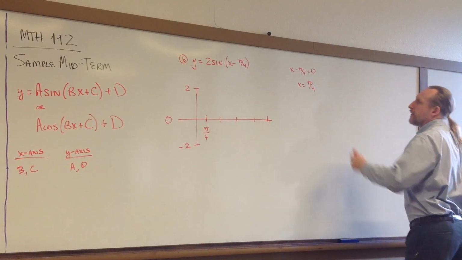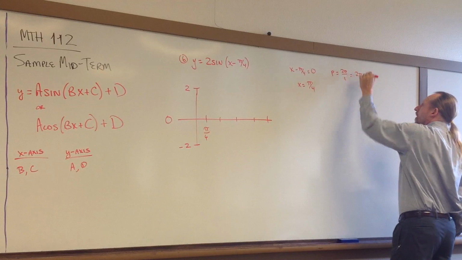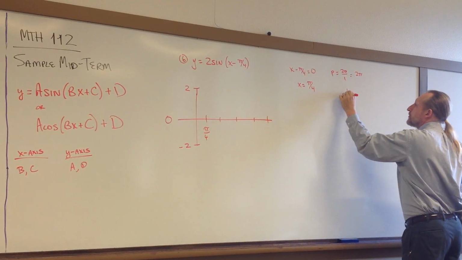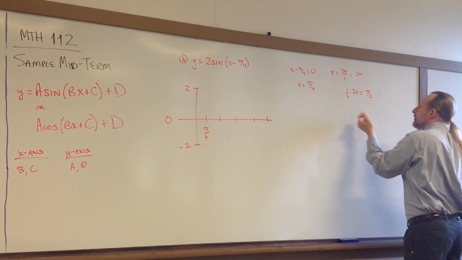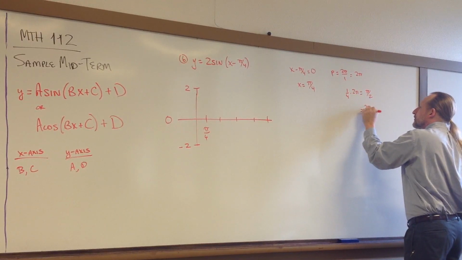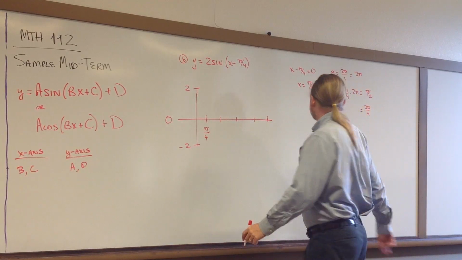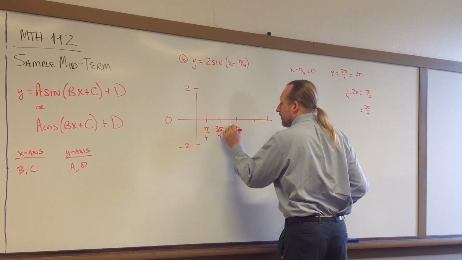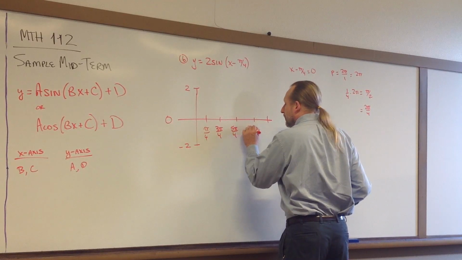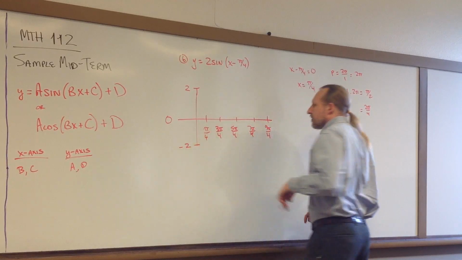Right? And our period is going to be 2 pi. And so each of these jumps is going to be pi over 2, which is 2 pi over 4. Right? So this is going to go pi over 4, add this on, this will be 3 pi over 4, 5 pi over 4, 7 pi over 4, 9 pi over 4. Okay?